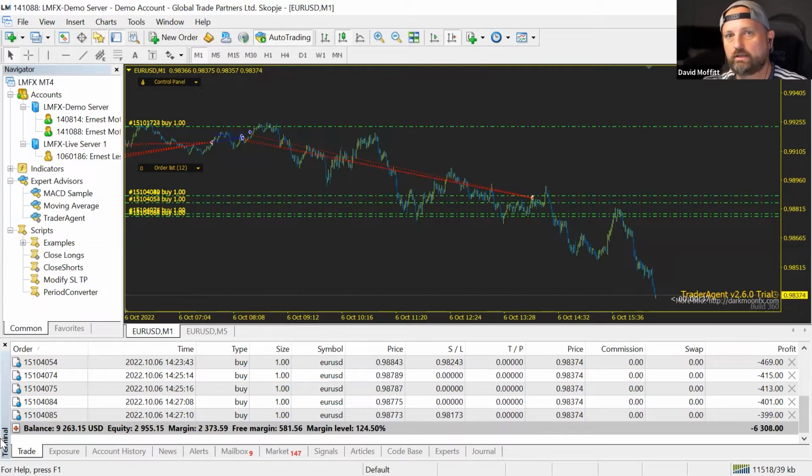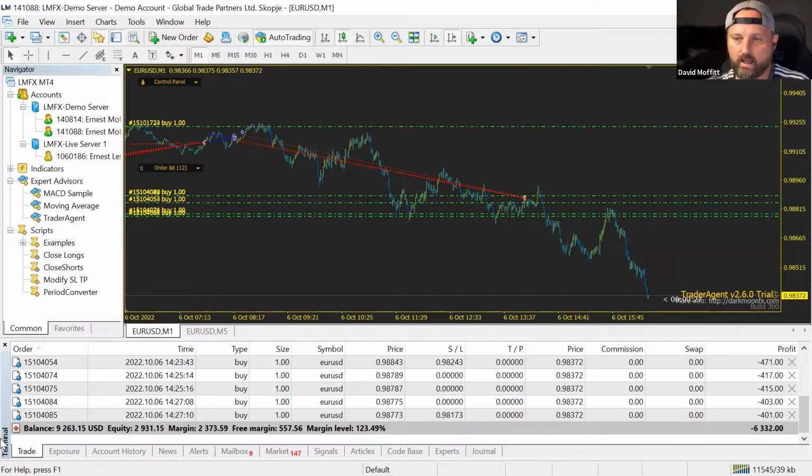Like, I was correct in my assessment, I was correct in the way I trade, but the market did something that it doesn't typically do. That is very powerful to know as well, because if you know that, you're not going to try and change the way that you trade. However, if you're wrong, then you need to change the way you trade. Does that make sense?